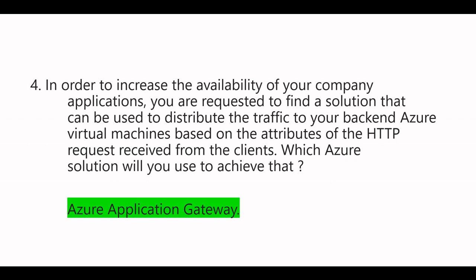So Application Gateway follows layer 7 and Load Balancer follows layer 4. As the question says, it is used to distribute the traffic based on the attributes of the HTTP request. So according to the HTTP request, we can distribute the traffic to the backend virtual machines using Azure Application Gateway.